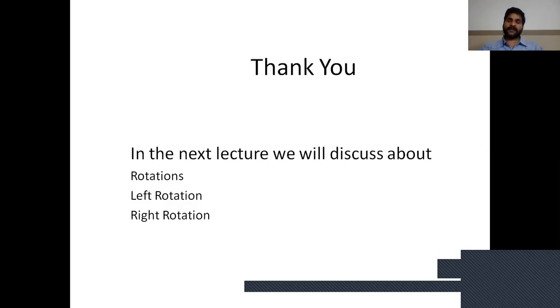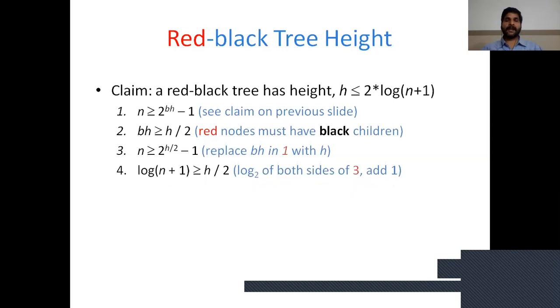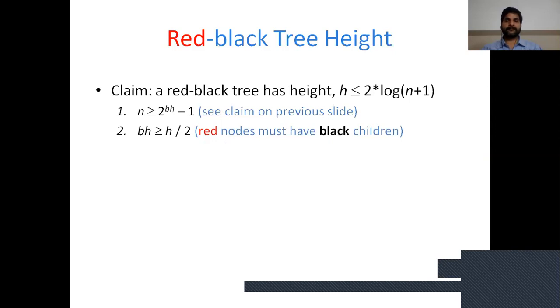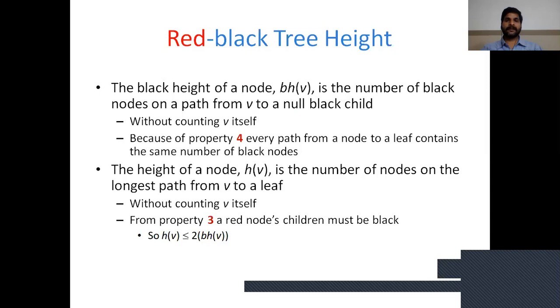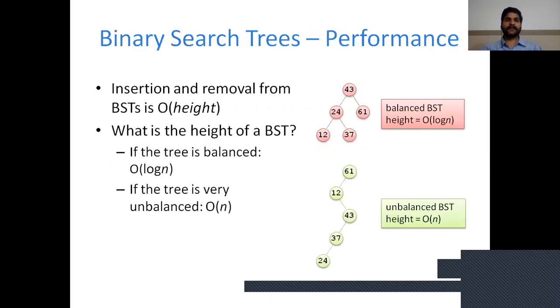So, a summary of this lecture. First, we discussed the definition of a balanced binary search tree, the performance of a binary tree, the height of a balanced binary search tree, and the height of an unbalanced binary search tree.